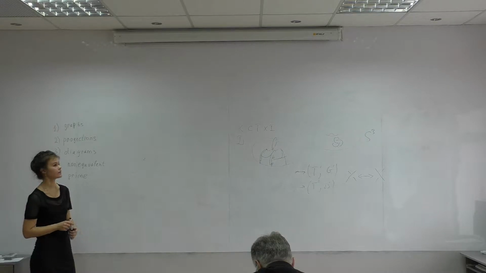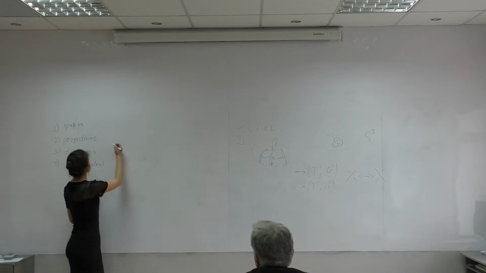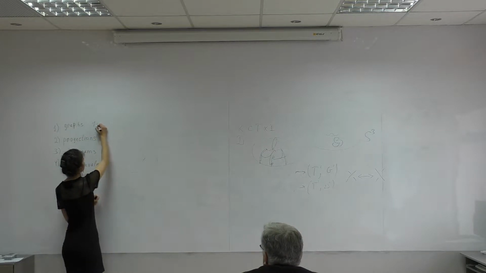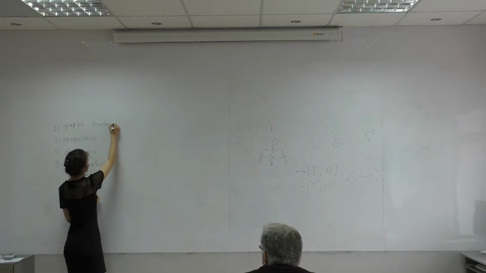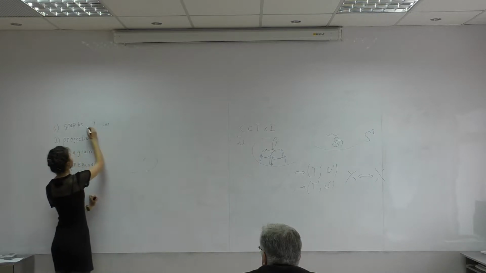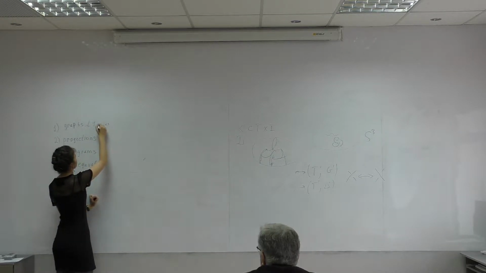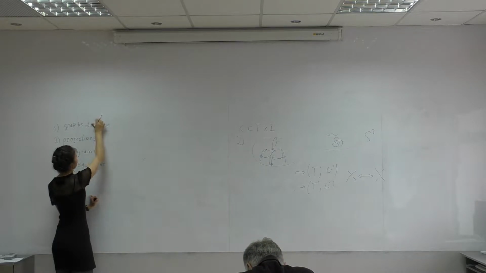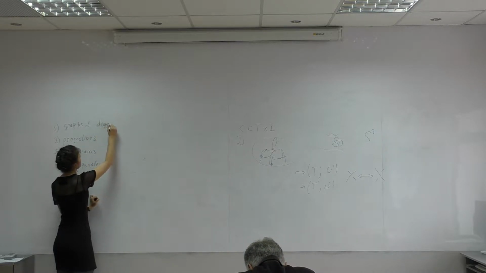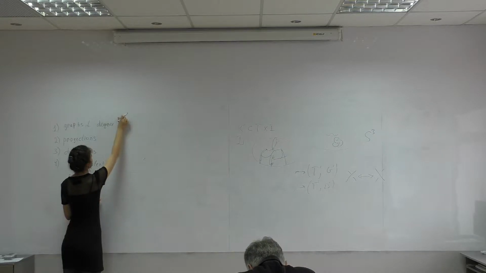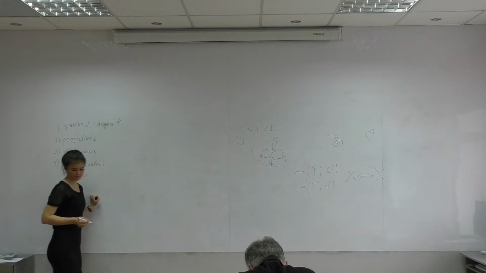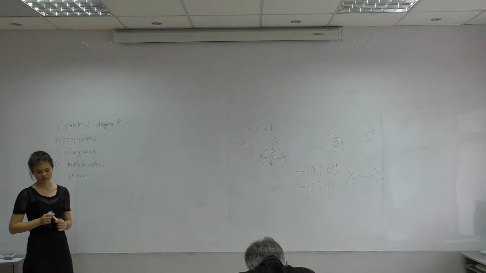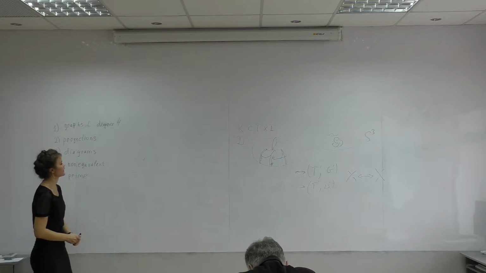I should say that we need only graphs of degree 4 and without loops. Why without loops? The answer is the following.